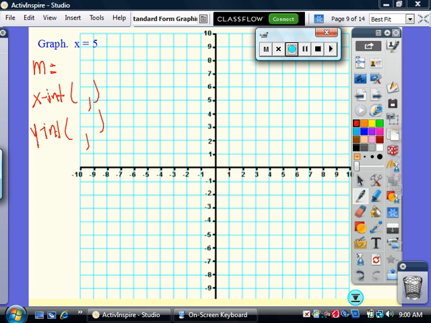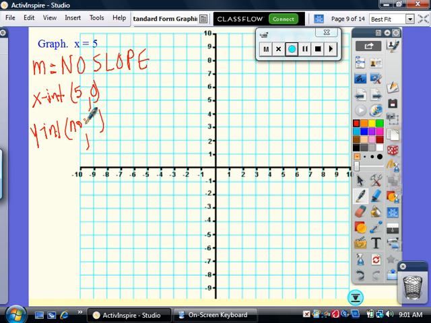Okay, what kind of line is this? Vertical. What kind of slope does a vertical line have? Undefined. So don't put 0. You can put undefined if you prefer. Where would this line cross the x-axis? At 5. Where would this line cross the y-axis? 0.